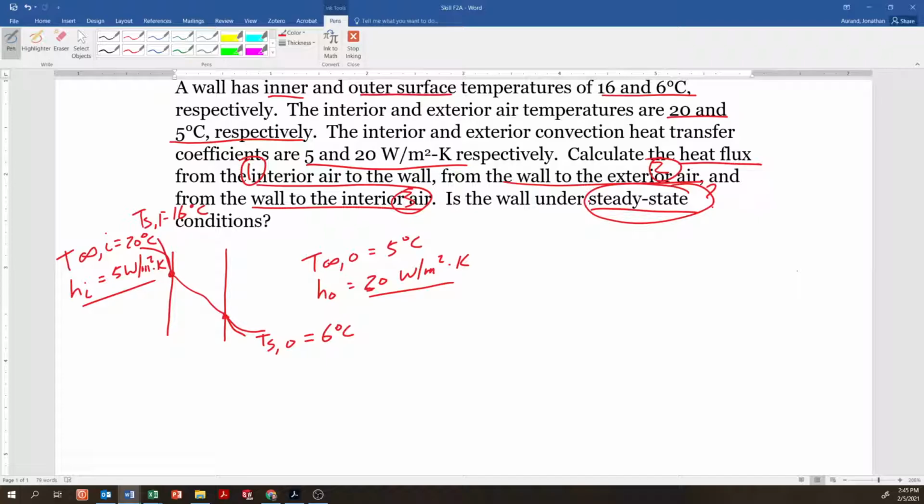All right, so starting with number 1 here, we're going to look for the heat flux from the interior air, T infinity I, to TSI. So what do we have there? Our heat flux is HI, now this is from the air to the wall, so we're looking at T infinity I minus TSI.